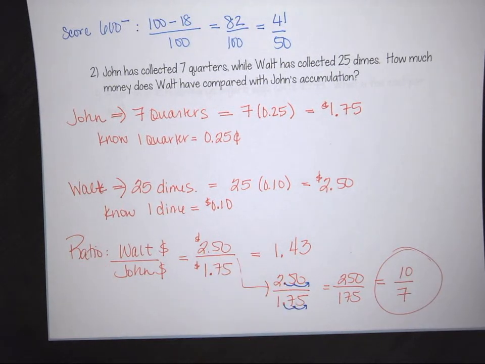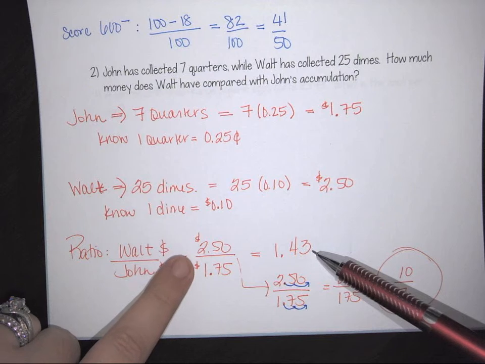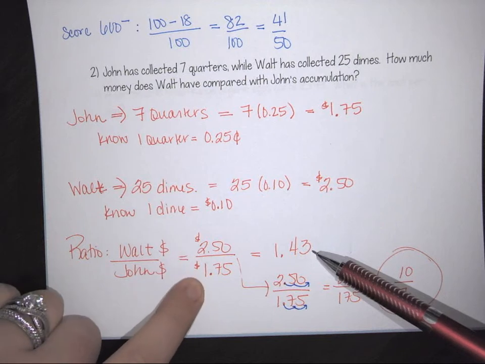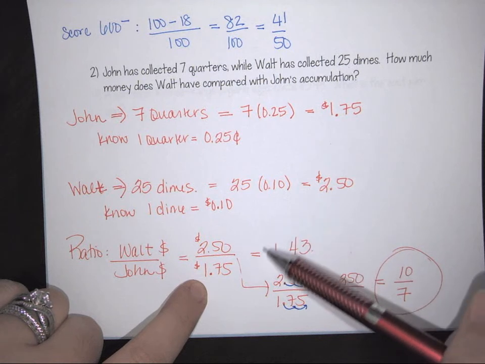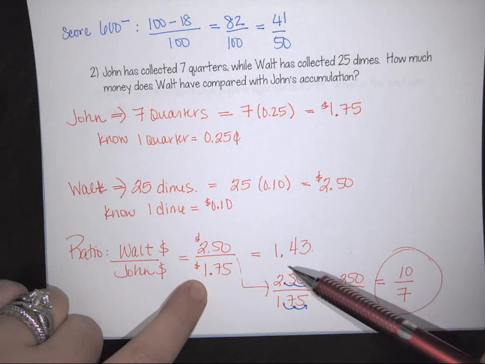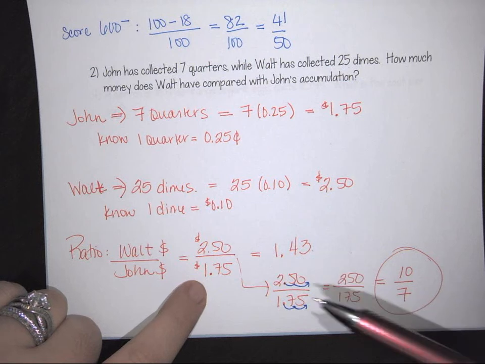So what you will need to know when you're working with this is you need to know what exactly are you looking at. So this would be your ratio. Here, when we're talking about $2.50 to $1.75, then what this means is that they had a combination or a difference between them of $1.43.